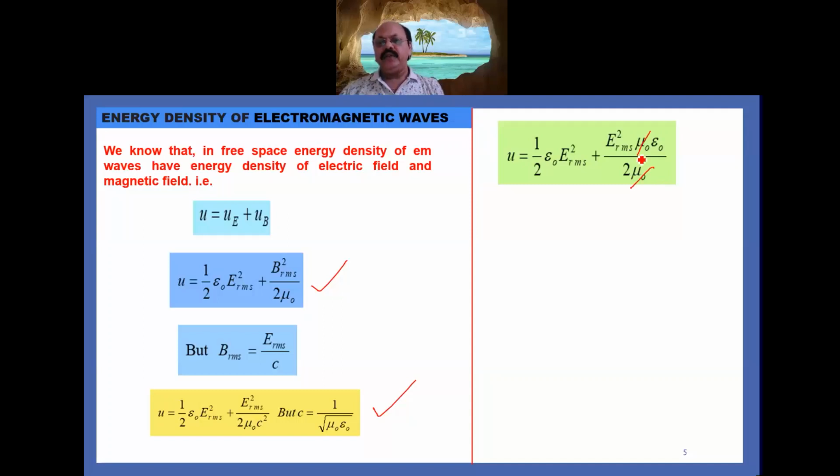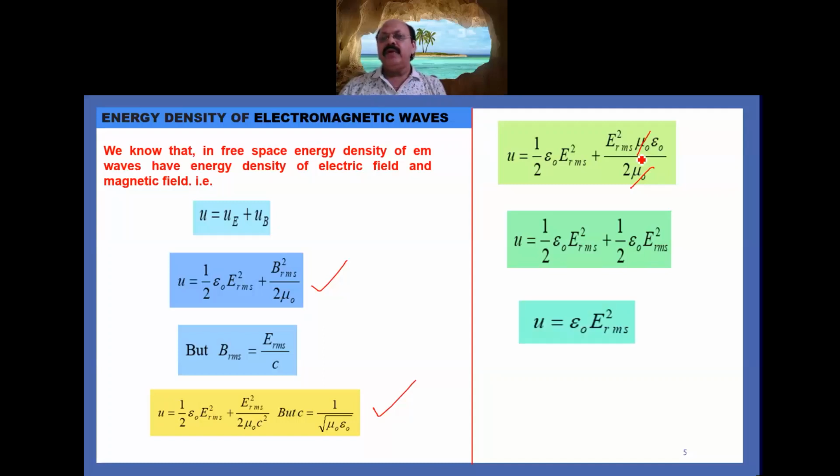So finally you will get u equals half epsilon naught E_rms square plus half epsilon naught E_rms square. So that becomes u equals epsilon naught E_rms square.